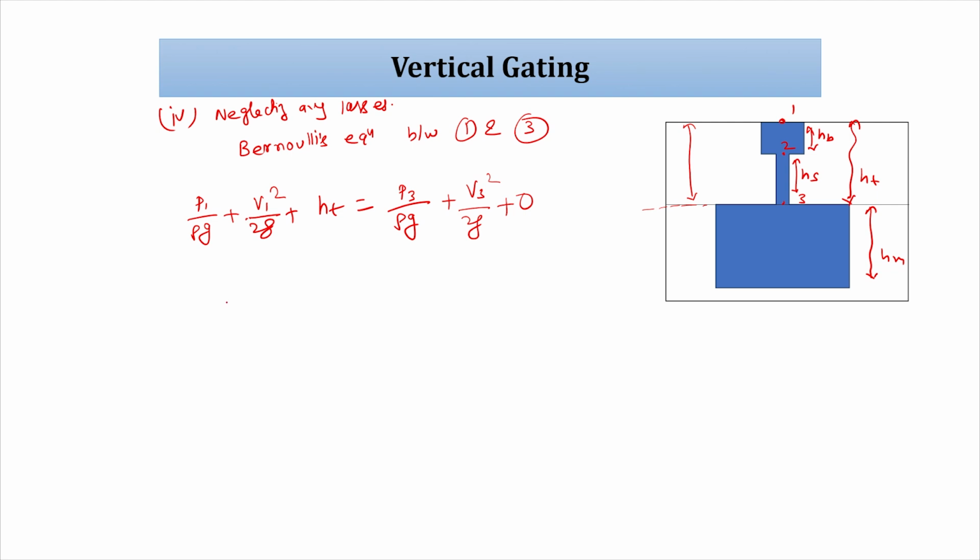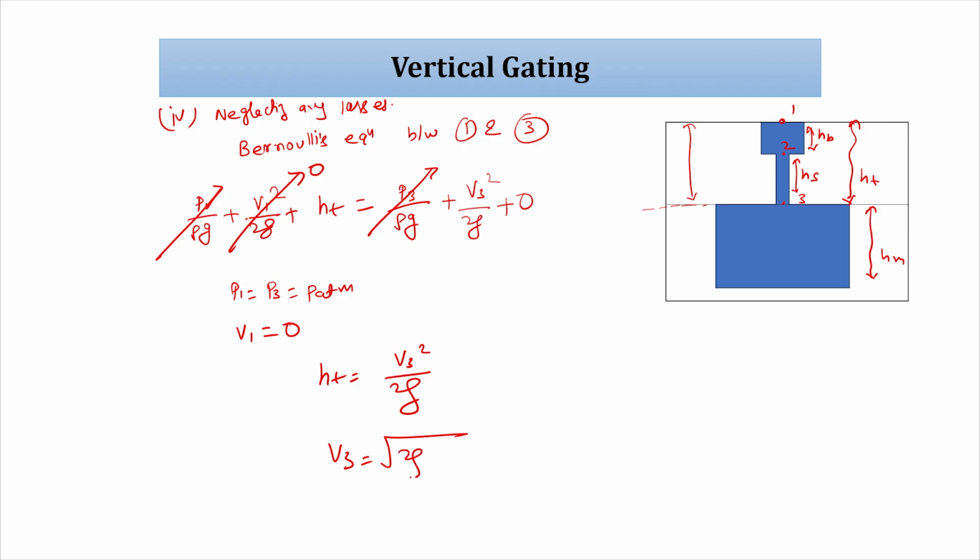P1 and P3 are both P atmospheric, so they cancel out. V1 is 0 because the level is stationary. What is remaining? HT equal to V3 square by 2g. Then V3 equal to root under 2g HT.